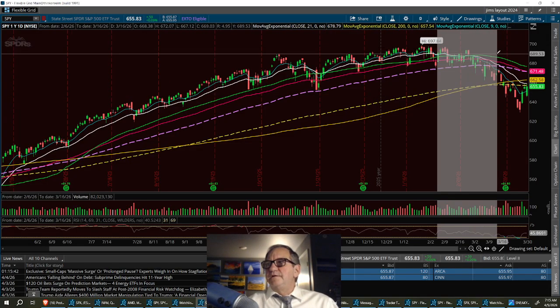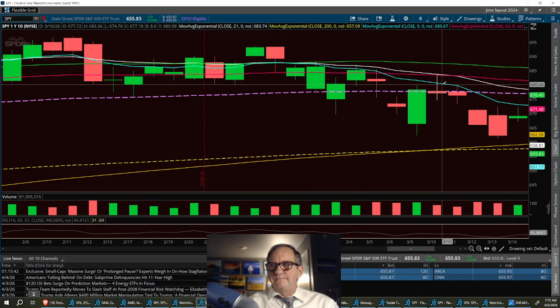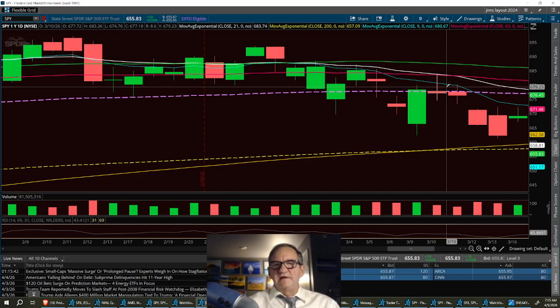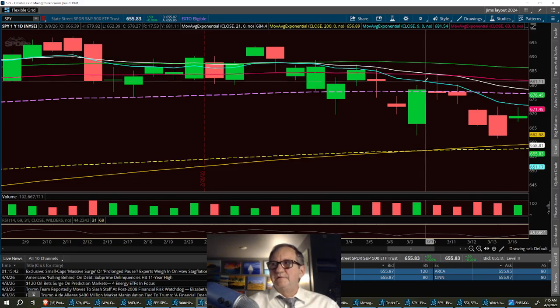When the 9 crosses over the 21, it starts to become bearish. So I'm using the 9 telling me, okay, we're bearish, we're under the 9, and I've got to scalp it. And we're still above the 200 here. But once I go to that 200, I'm very bearish. But if I'm above the 100, I'm bullish.